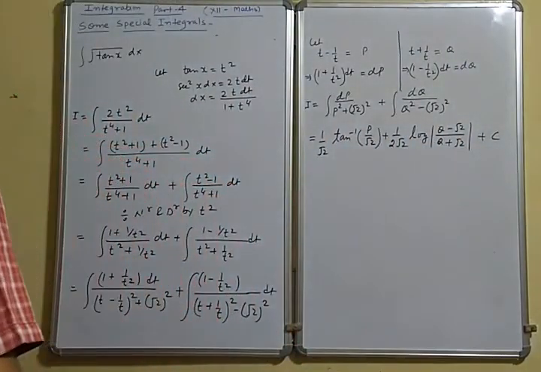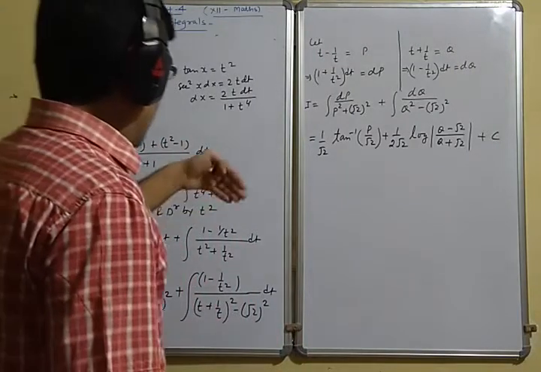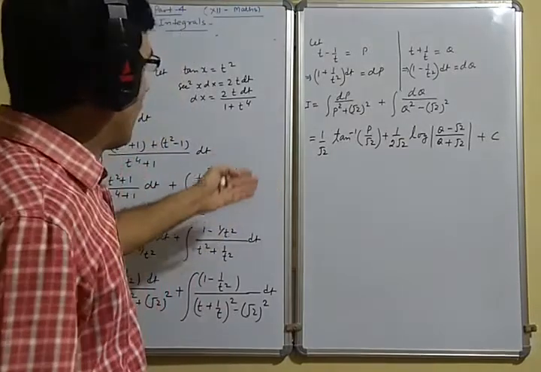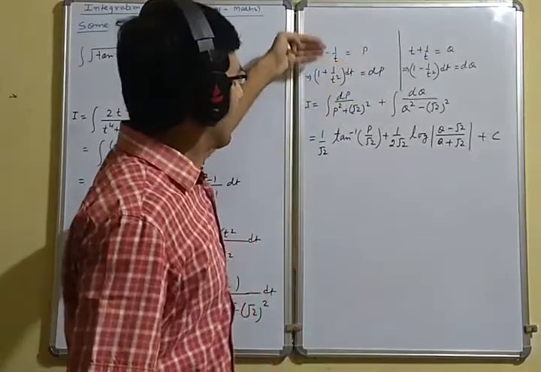After that we substitute the value of p and the value of q to change it into t.